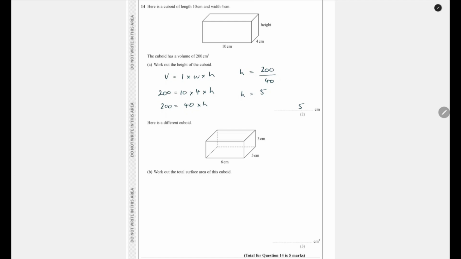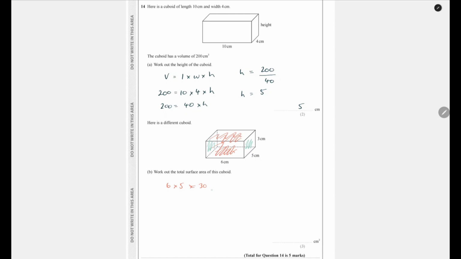Well, we can see that we have 1, 2, 3, 4 long sides, and we have 2 short sides. So let's work out the long sides first. So the length of the long side is 6 centimeters multiplied by 5 centimeters to get the area of one side. So 6 times 5 is equal to 30.